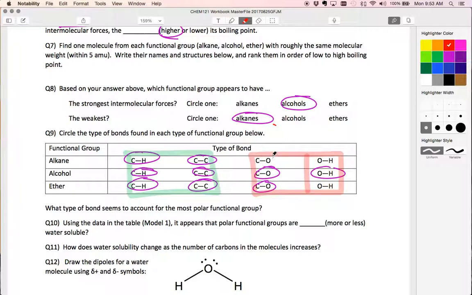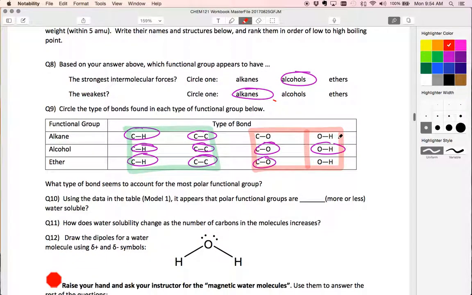These are going to be your dipole-dipole types of interactions, and these are going to be only your dispersion forces. Now all of these will experience dispersion as well, but dispersion only here. So that gets to the essence of what this activity is for, which is to point out that alcohols, now that I know what those are, they have O-H bonds, they're very polar, they can hydrogen bond with each other.